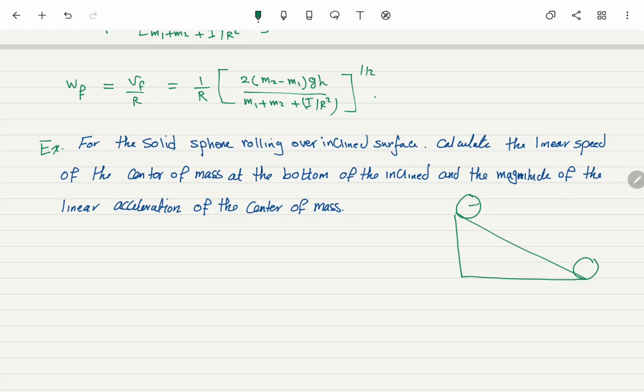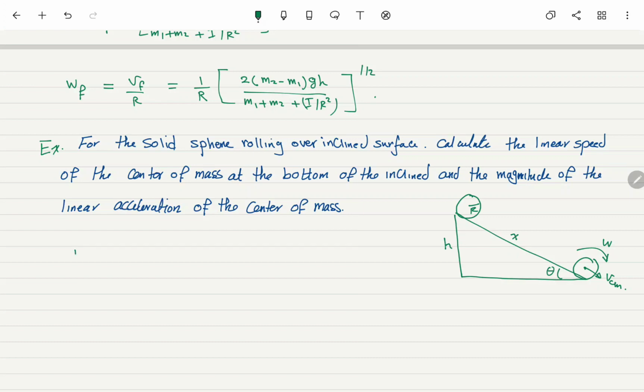The radius for the sphere is equal to r, and again it's solid sphere and it's rolling. Now since it's rolling, it has angular velocity as in here, and this is the center of mass, v center of mass here. So the distance here, this is x and this is theta, and the height for this inclined surface is h.